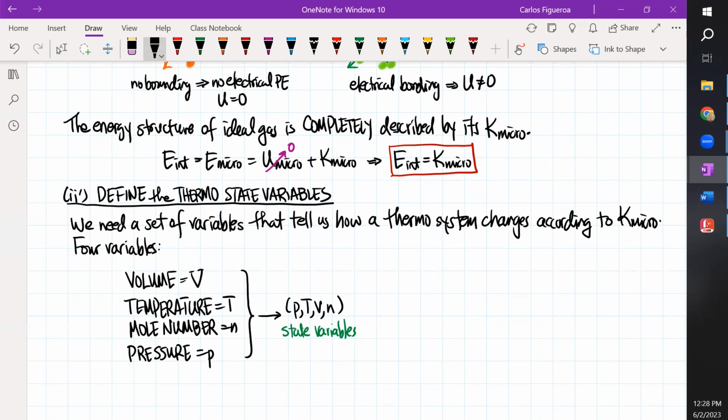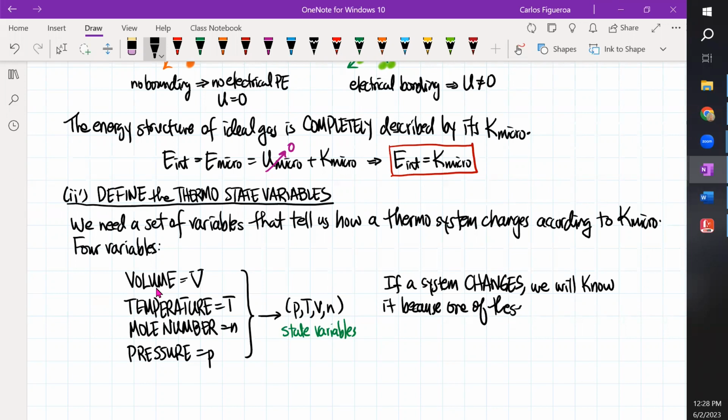And what this really tells us is this: if a system changes, we will know it because one of these variables has changed.